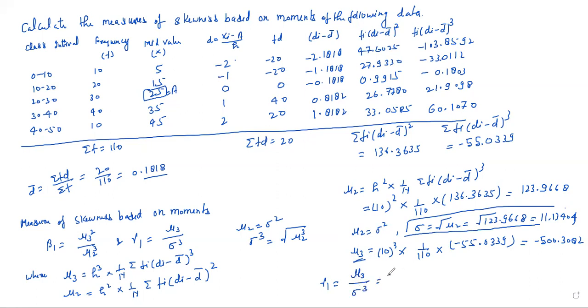So mu 3 is minus 500.3082 upon 11.13404 cube. After calculating, we have minus 0.3465. So this negative sign shows that it is negatively skewed.